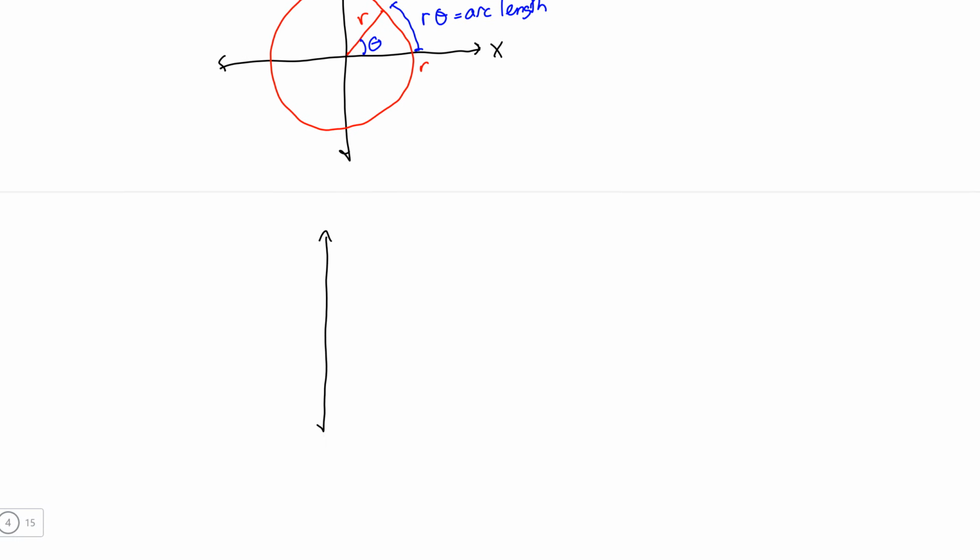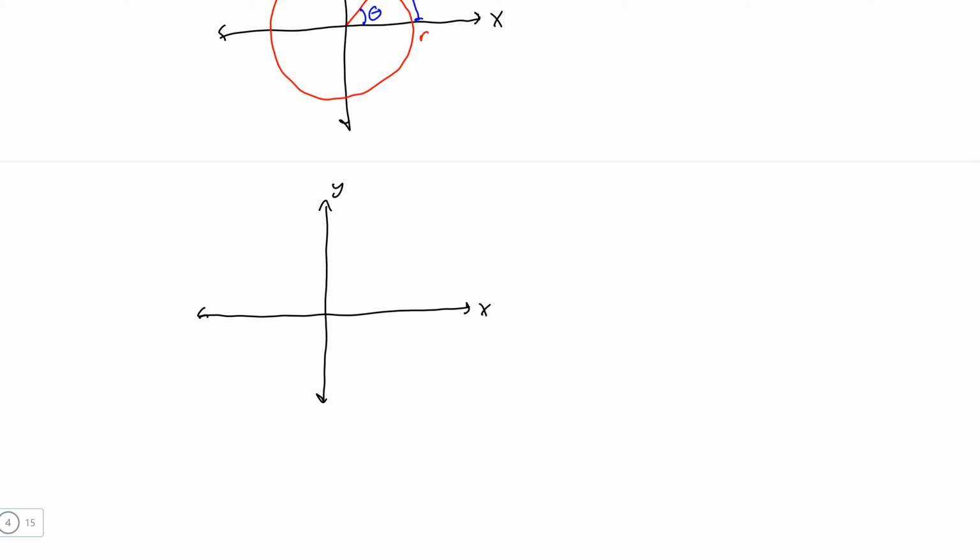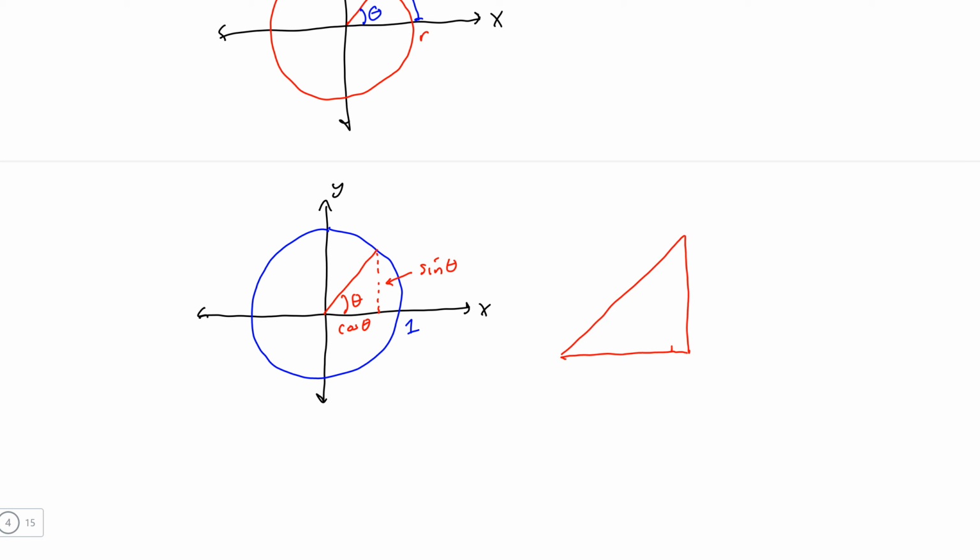So again, more with the unit circle. Like I said, the unit circle is very prominent here. We already drew our triangle above that went with the unit circle. If I draw a triangle here and say this angle is theta, this side length is cosine theta, and this side length is sine theta. If we draw this over to the side, the hypotenuse is 1 because it's the radius, this side is sine theta, and this side is cosine theta.